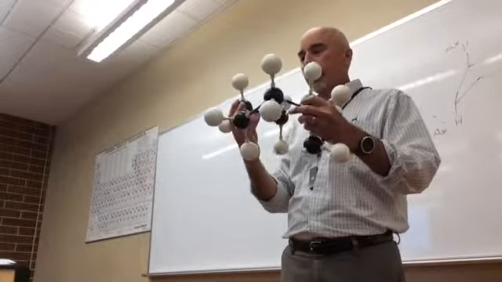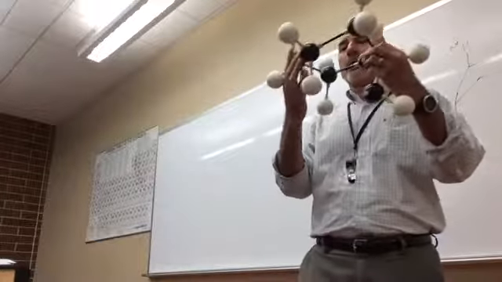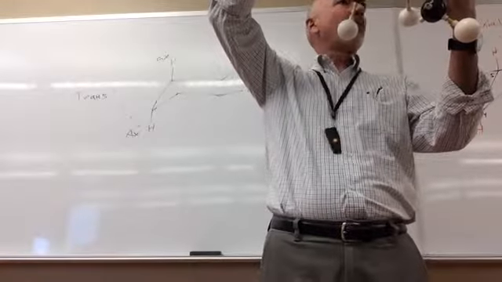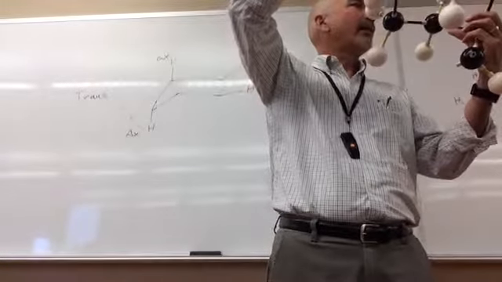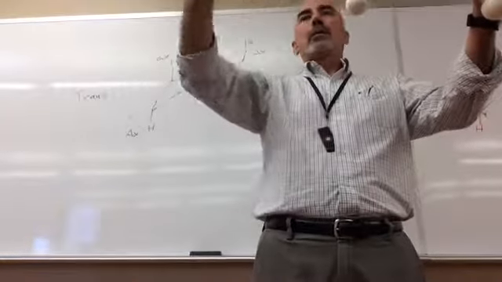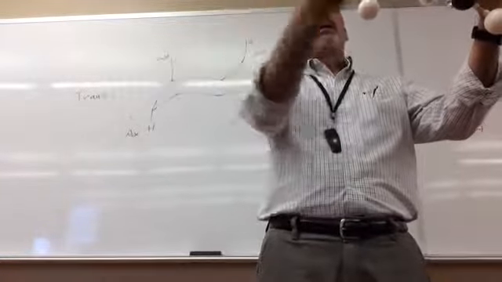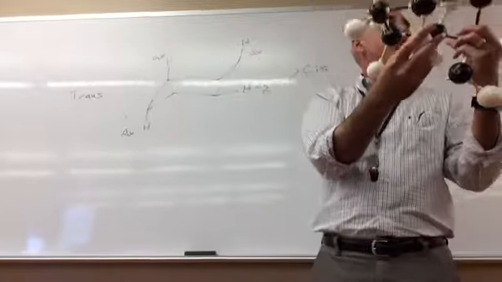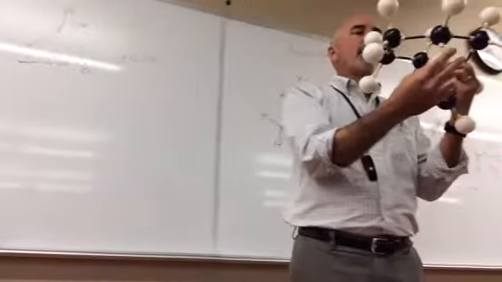So if I look at this hydrogen here and this hydrogen here, they're obviously on the opposite side of the ring. Here's the plane of the ring, like this. This one and this one are going to be on the opposite side of the ring. So we're going to call that trans. Okay?